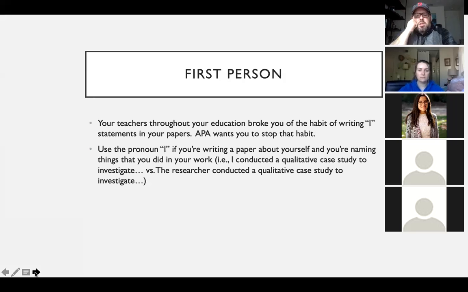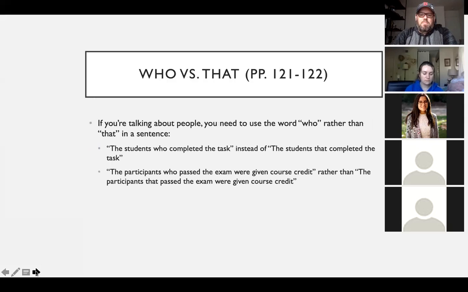You do want to make sure that you name yourself and own it, because by using an I statement, you take ownership of the work that you're doing rather than hiding behind it in a third person way where you might say the researcher, right? You start to remove yourself from your work by using third person rather than taking ownership by saying, I did this, right? So again, just something to note.